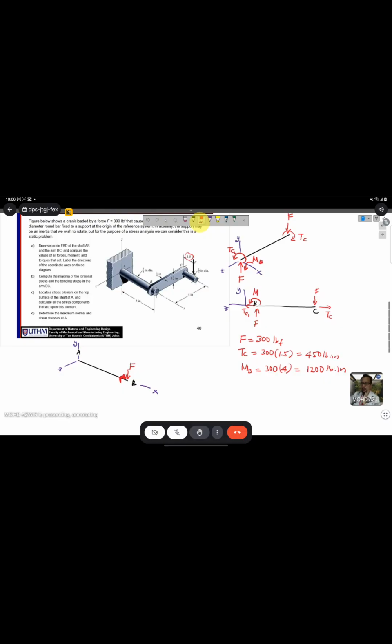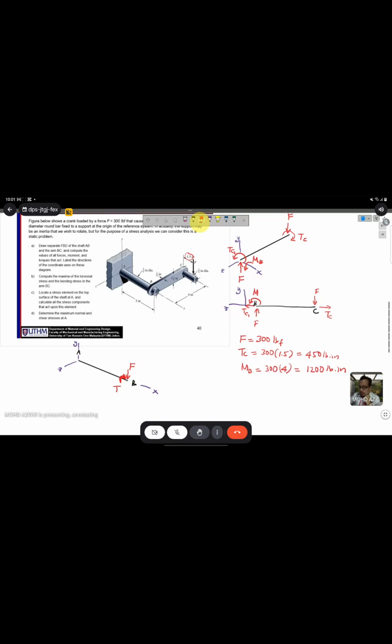But you cannot call it a moment anymore, because a moment makes the rod bend, whereas this one rotates the rod about its axis. So you need to change the name to torsion, because it rotates the rod, not bends it.